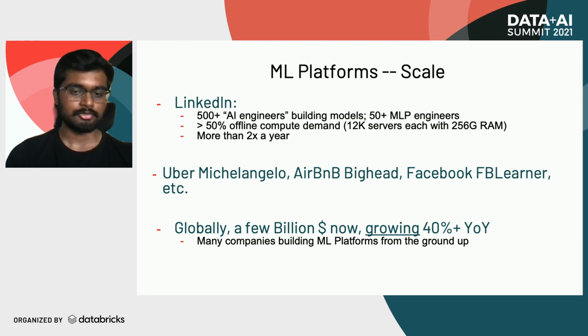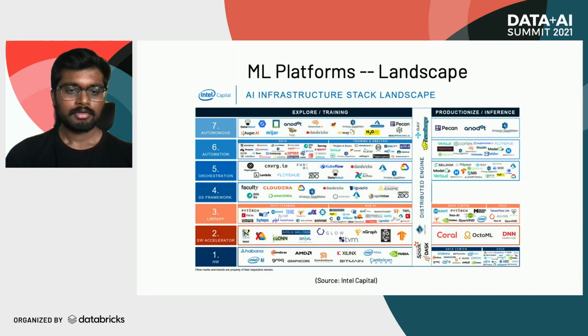Many other companies like Uber, Airbnb, and Facebook are also investing heavily in ML platforms and have their own dedicated teams to build ML platforms from the ground up. So when building an ML platform, you can leverage a lot of different tools that already exist in the open source world. But going back to the original point, the two things you need are scalability and productivity.